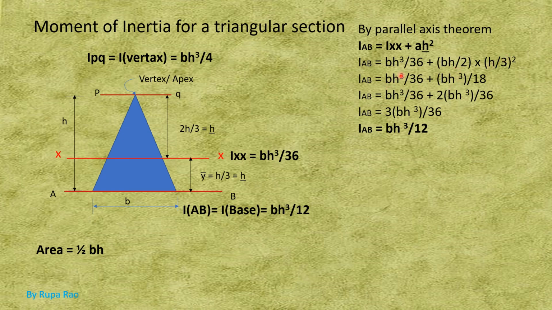So this is bh cube by 36 plus bh cube by 18. Now for this I multiply and divide by 2, so it becomes 2 bh cube, and 18 into 2 is 36. So 36 as the common denominator. When I add, 2 bh cube plus 1 bh cube becomes 3 bh cube by 36, and 3 divided by 36 is 1 upon 12. So I_AB is bh cube by 12.